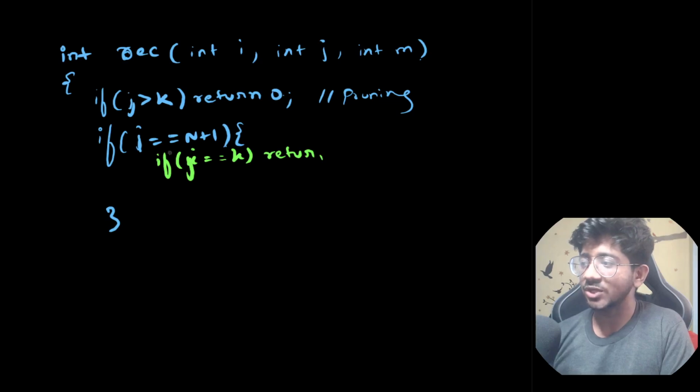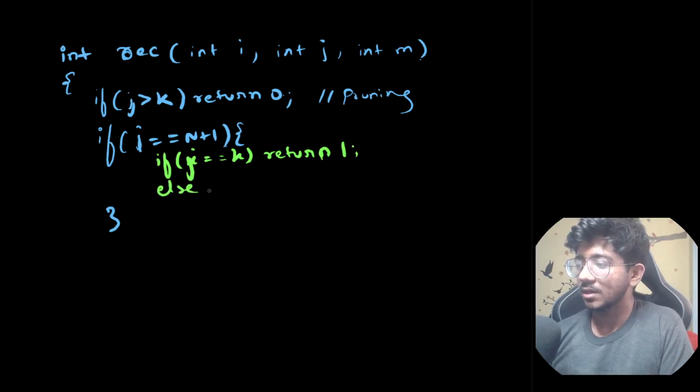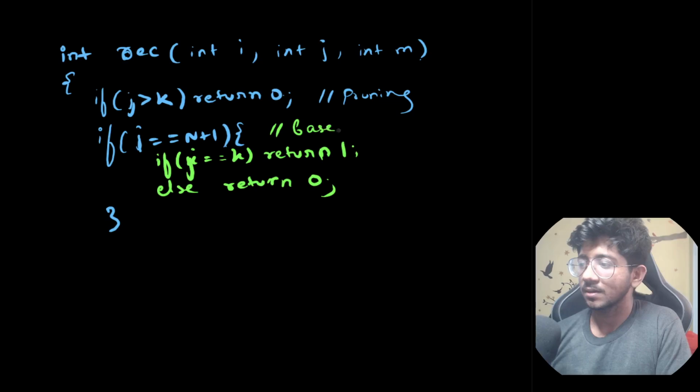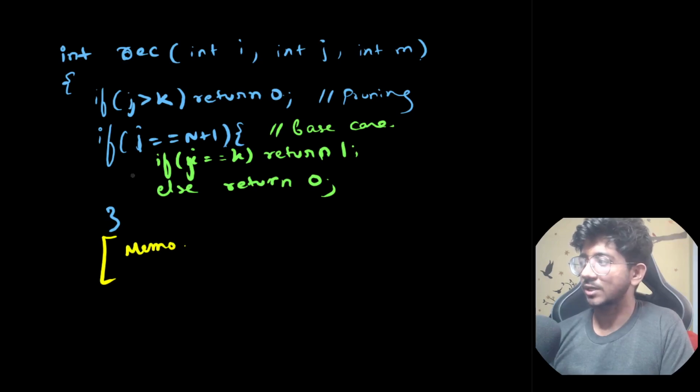So everything that generates at the base case is a valid solution. So return 1, or else return 0. So this is the base case. Over here, we're going to write a memo code, but that's not required for now.